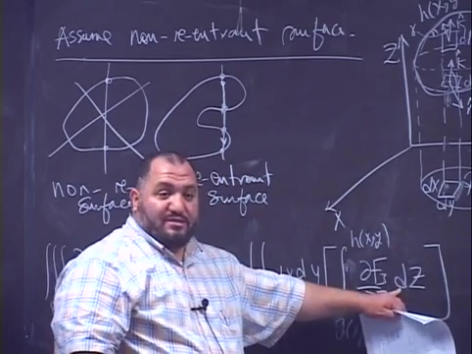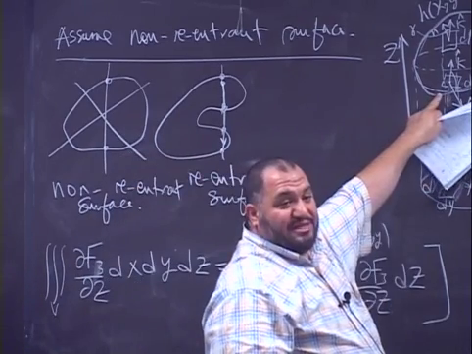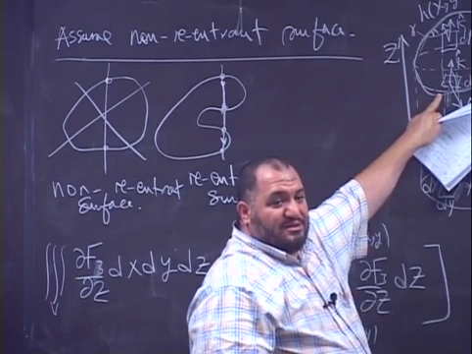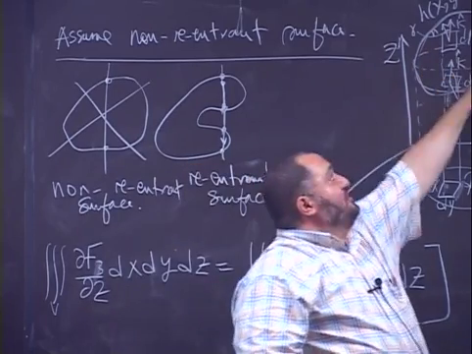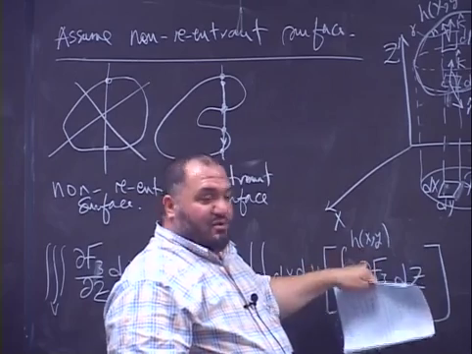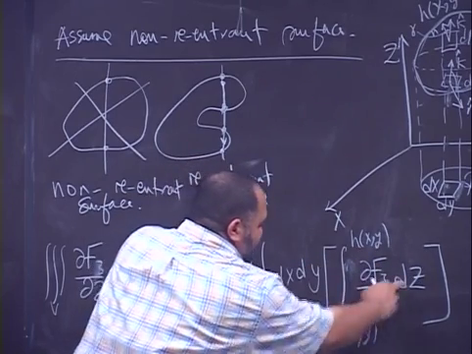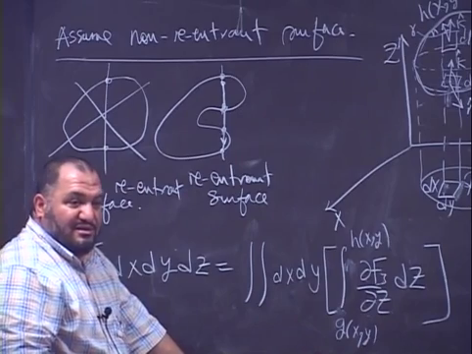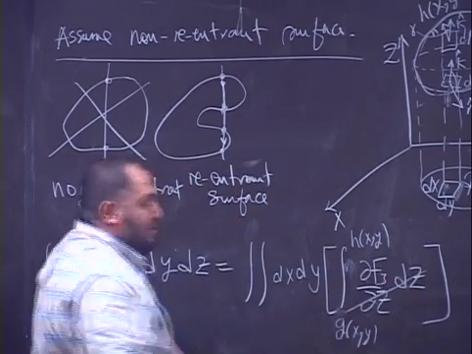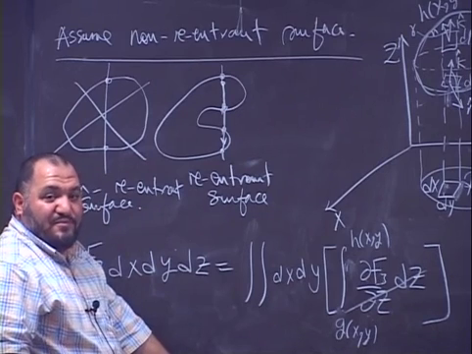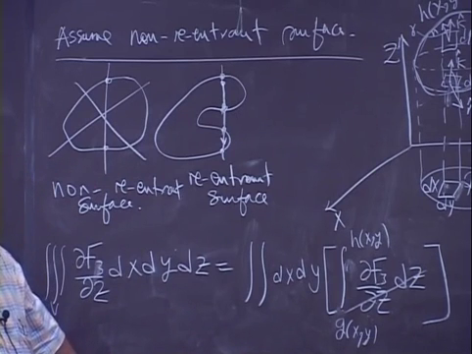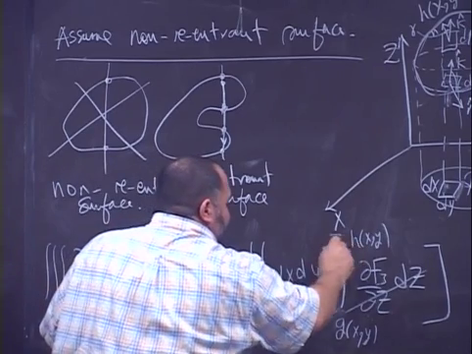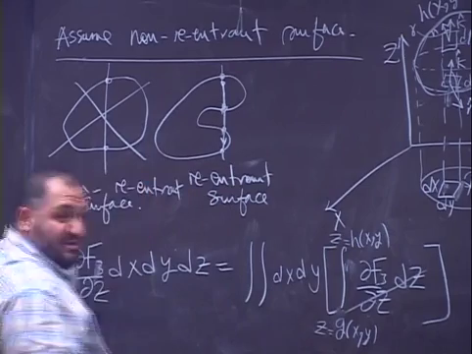But any z here is given by what on the lower surface? Any z point here is given by g of x and y, and any z point here is given by what? h of x and y. So df3 by dz, this will give you what? What's the integration of df3? Guys, df, integration of dx, x. So df is f, evaluated where? At z equal to this and z equal to this.